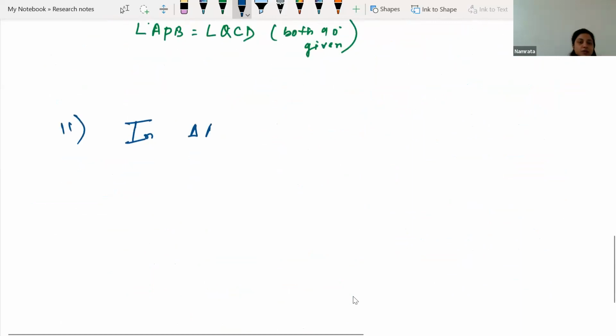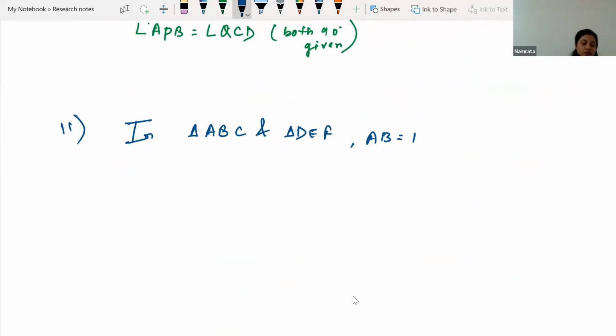In triangle ABC and triangle DEF, AB is equal to DE, AB is parallel to DE, BC is equal to EF, and BC is parallel to EF.